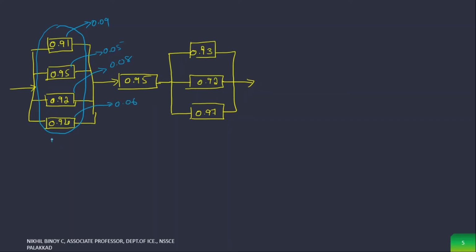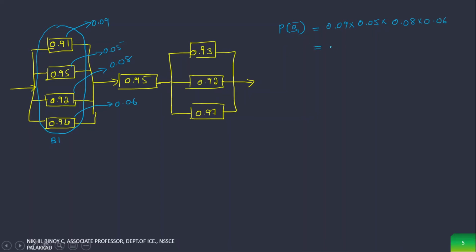Say this is block 1. So what about the probability of failure of block 1? That is equal to the product of failure of each component, because all these components are in parallel. So take the product: 0.09 into 0.05 into 0.08 into 0.06.